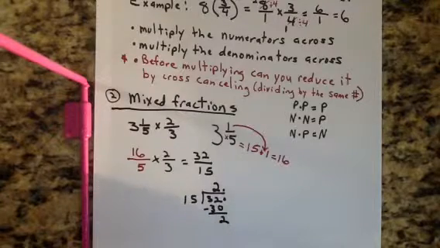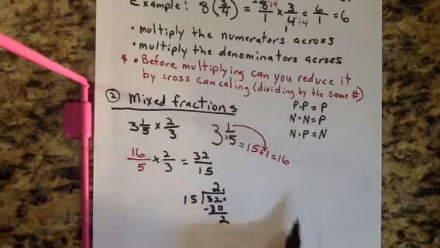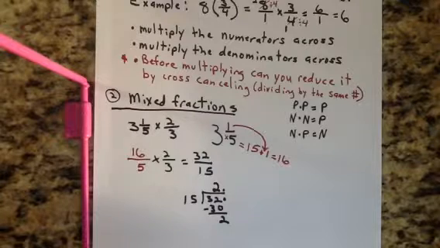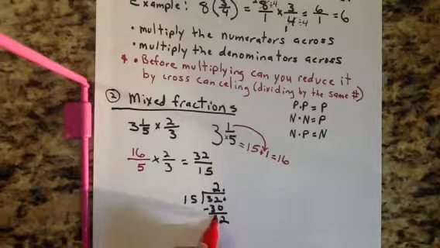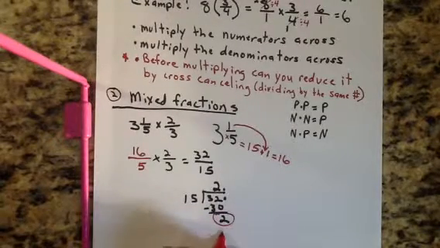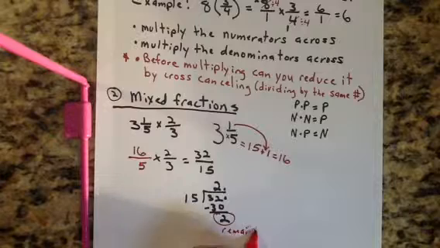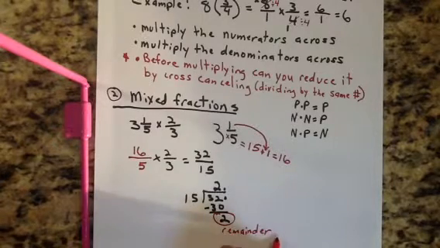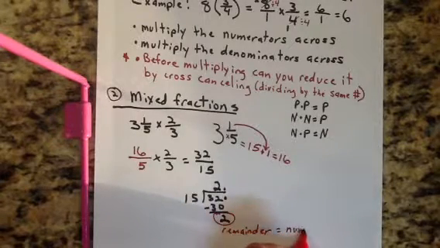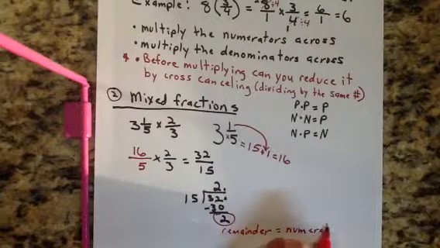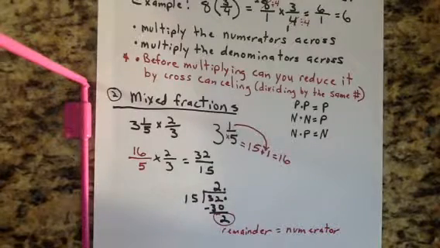We get a remainder of 2. And instead of keep going and turning it into a decimal, if we want to just keep it in fraction form, your remainder becomes your numerator.